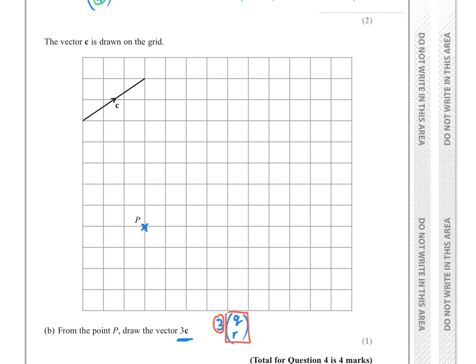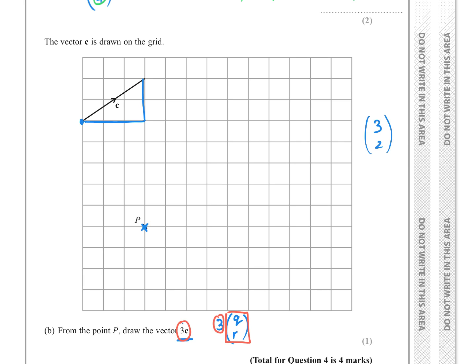So 3C is going to have the same gradient as the vector C. It's just going to be 3 times more. So can you work out what it's going to be? Well, the rule here was go along 3 up 2 from this point here, which could have been anywhere, by the way.